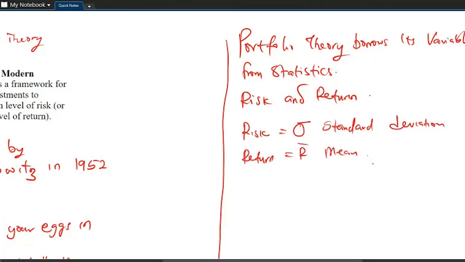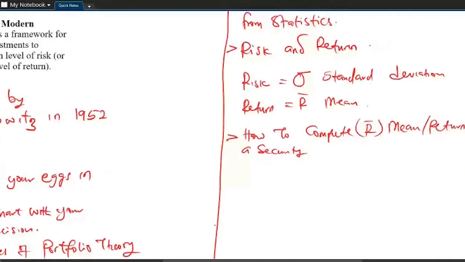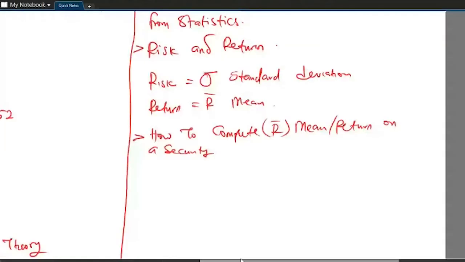So I repeat, portfolio theory borrows its variables from statistics, which are risk and return. The risk is represented by standard deviation, while return is represented by mean. You must calculate the risk and return of individual investments.